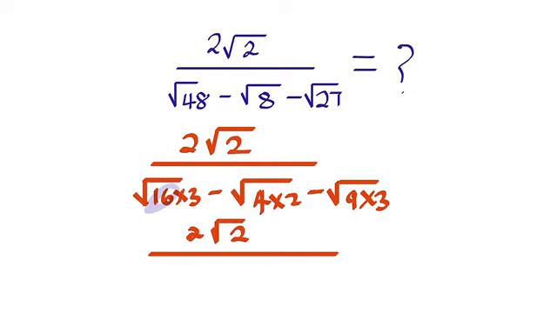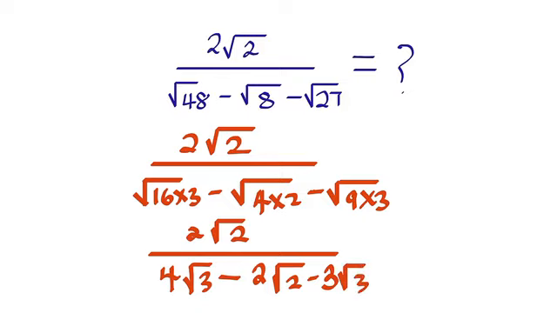So we're going to have 4 root 3 minus, we take the square root of 4 here, so we're going to have 2 root 2, then minus, we take the square root of 9 here, so we're going to have 3 root 3.